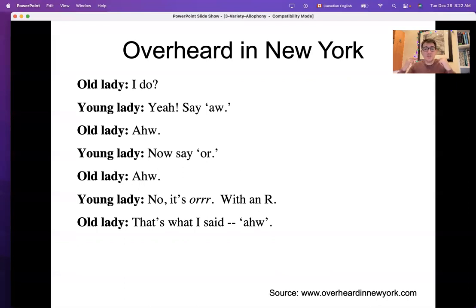So she just perceives it in her mind phonemically as this O, while as this difference. So there is a difference in her head. However, when producing these two words, she produces them in the same way.